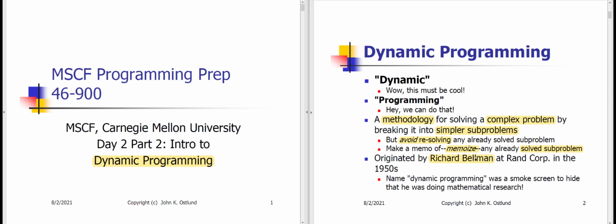Apparently, this defense secretary felt that scientists doing research just meant scientists sitting in their offices wasting time. So Richard Bellman developed this term called dynamic programming, not because it really meant anything, but because it certainly sounded good to someone who was interested in efficiency and productivity. Dynamic certainly sounds exciting, and programming certainly sounds like you're working.